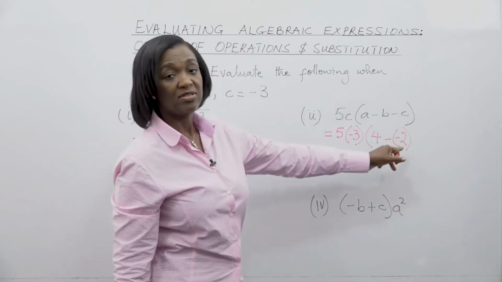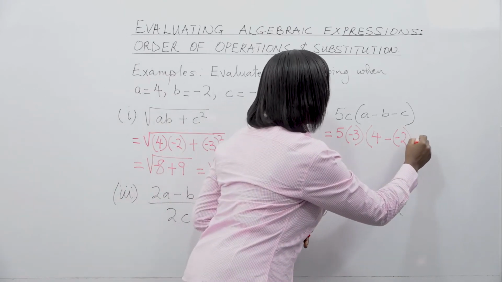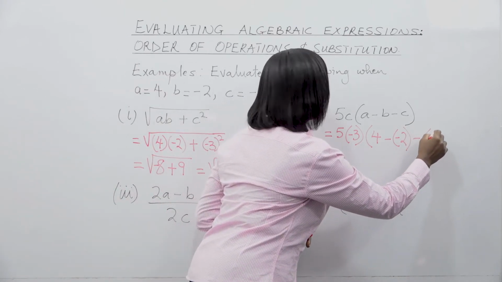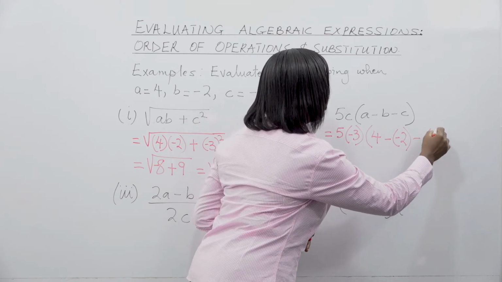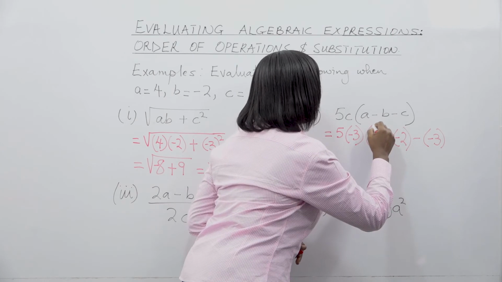So we have 2 negative signs there, minus C. Again, C is minus 3. And there we have a bigger bracket.